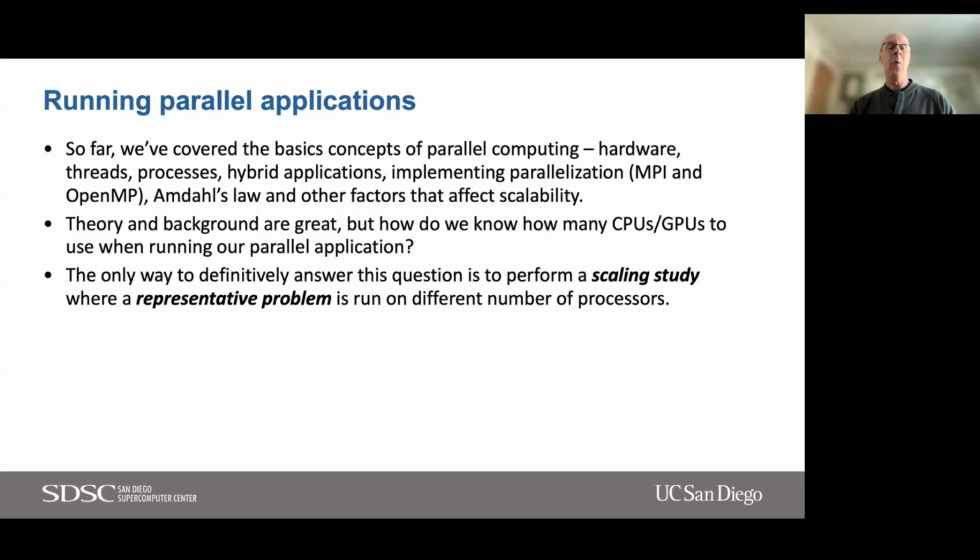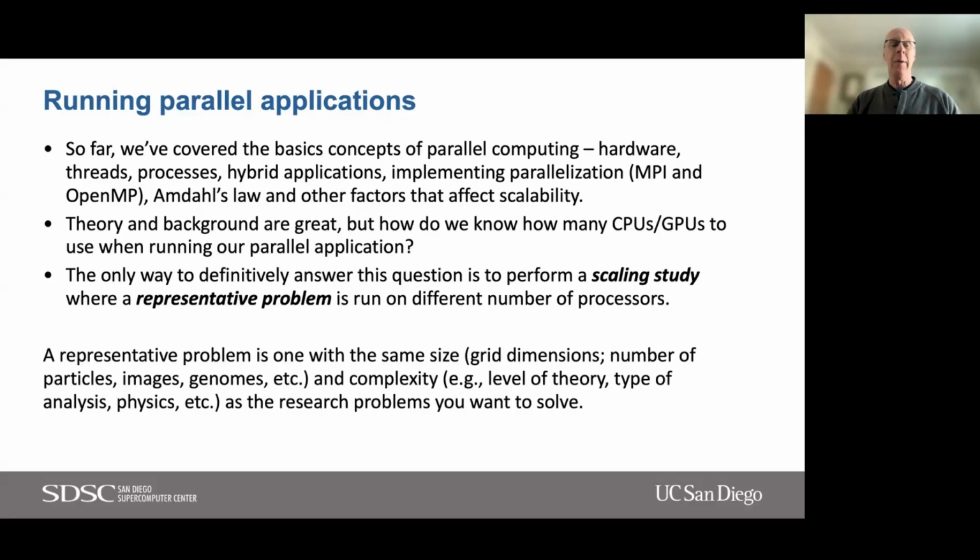I'm going to say the only way to definitively answer this question is to perform a scaling study where a representative problem is run on different numbers of processors. And by representative, I mean one with the same size, say grid dimensions, number of particles, number of images, and so on, and complexity, say it's computational chemistry, the level of theory, the type of analysis, the physics, as the research problem that you want to solve.